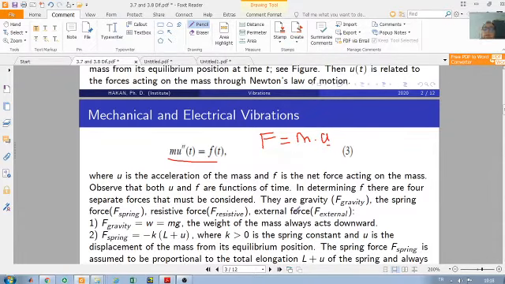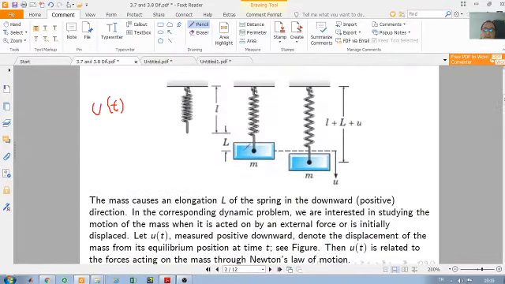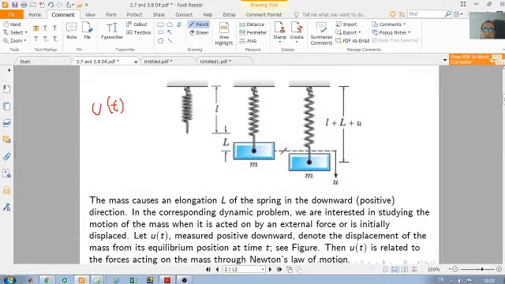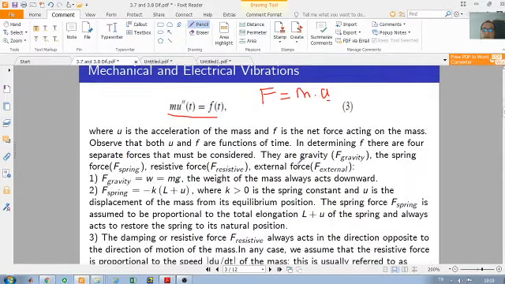In determining the force, there are four separate forces that must be considered. What are the forces for this situation? They are the gravity force, the spring force, the resistive force, and the external force.